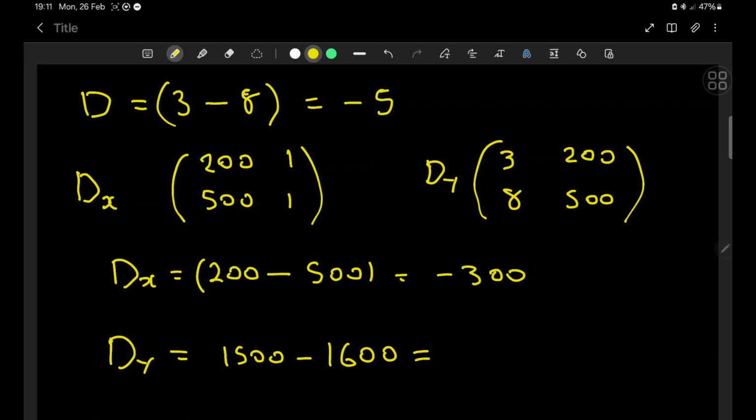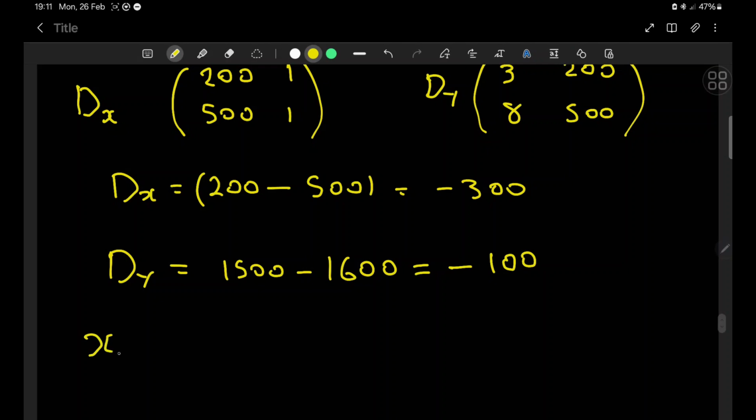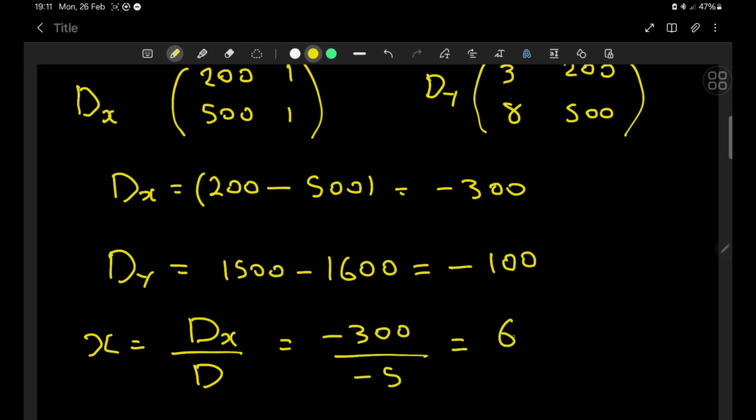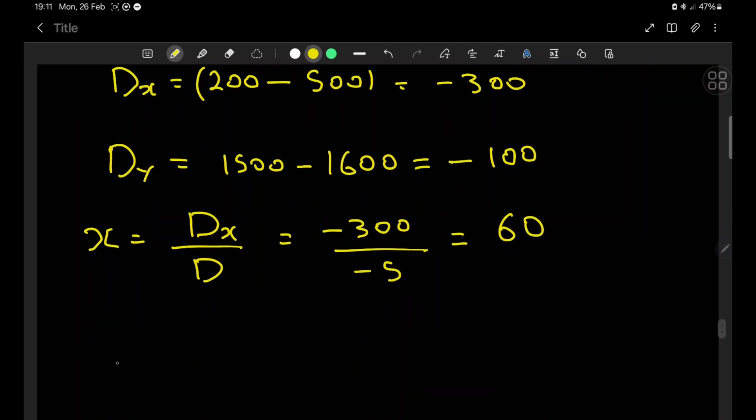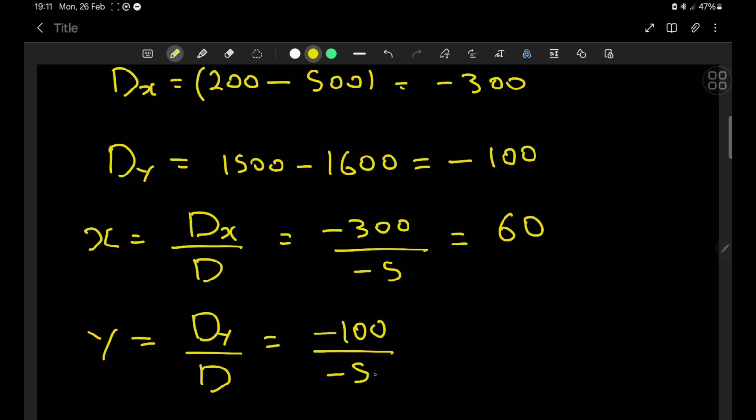And this gives us negative 100. Then to get our x and y variables, we divide the determinant of x by d. Our determinant of x is negative 300, and our d is negative 5. This gives us 60. And then for y, we do the same. So the determinant of y over d, that is negative 100 over negative 5, giving us positive 20.